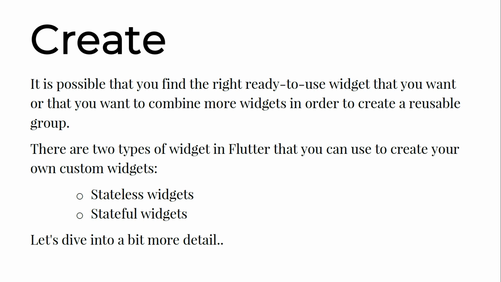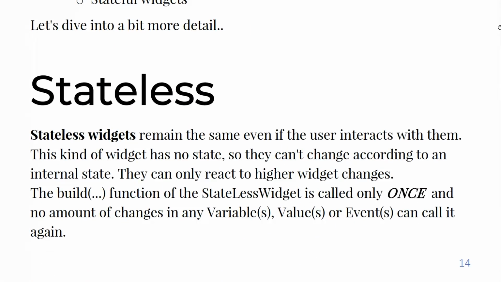So there are two types of widgets in Flutter that you can use to create your custom widgets: stateless widgets and stateful widgets. So let's dive into a bit more detail. Now, the stateless widget remains the same even if the user interacts with it. We see in the cards app we have created.